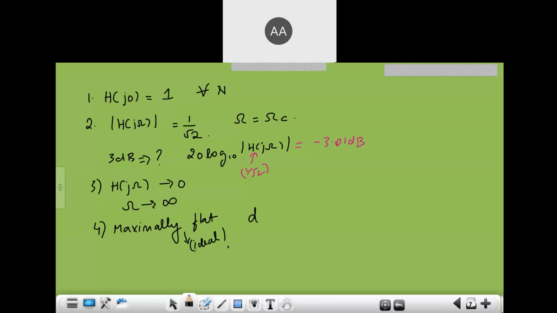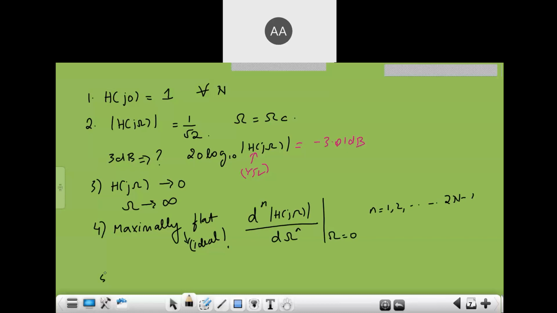You can introduce the differentiation concept here. With respect to omega, you do the nth order differentiation and evaluate it at omega equal to 0, for n equal to 1, 2, until the order of the filter is 2n minus 1. This is the standard representation to find the maxima point.